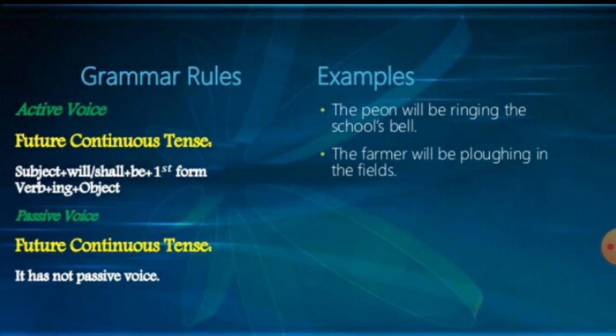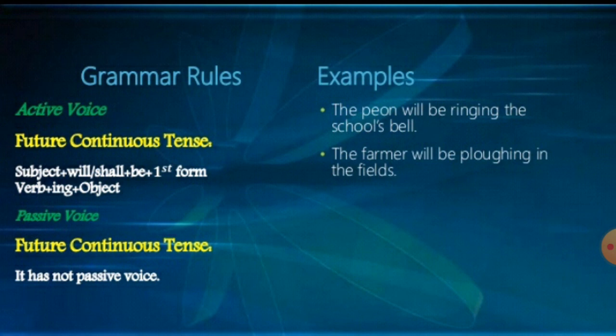Next tense, future continuous tense. Subject plus will or shall plus be plus first form of the verb plus ing plus object. Take the example. The peon will be ringing the school's bell. You should keep in mind that future continuous tense cannot be changed into passive voice.